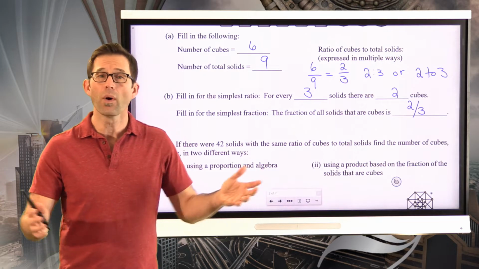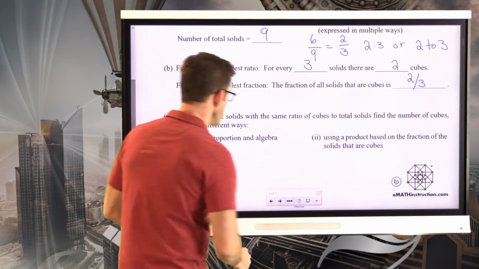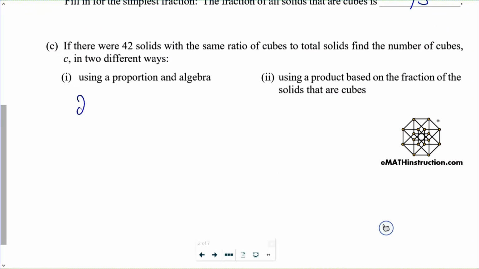So one way to figure out, if we had 42 solids, how many cubes we had, would simply be to do the following. We could say, well, there are 2 cubes per 3 solids, right? Set up a proportion. Now maybe we let C be the number of cubes, and there are 42 solids.